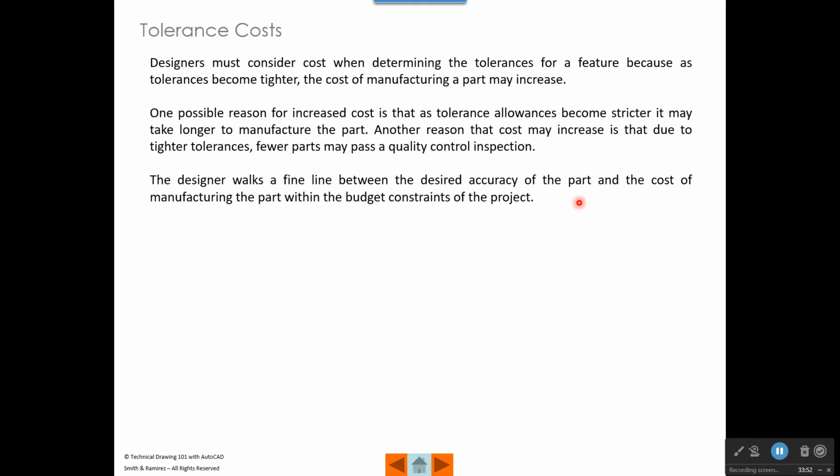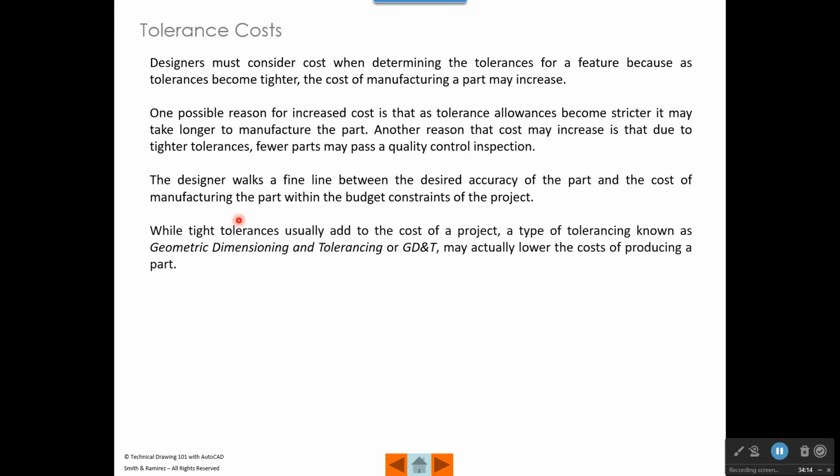So you don't want to over tolerance a part because you'll only increase the cost. So the rule is you want to give the largest possible tolerance that you can that will still allow the part to function the way it needs to function in the assembly.